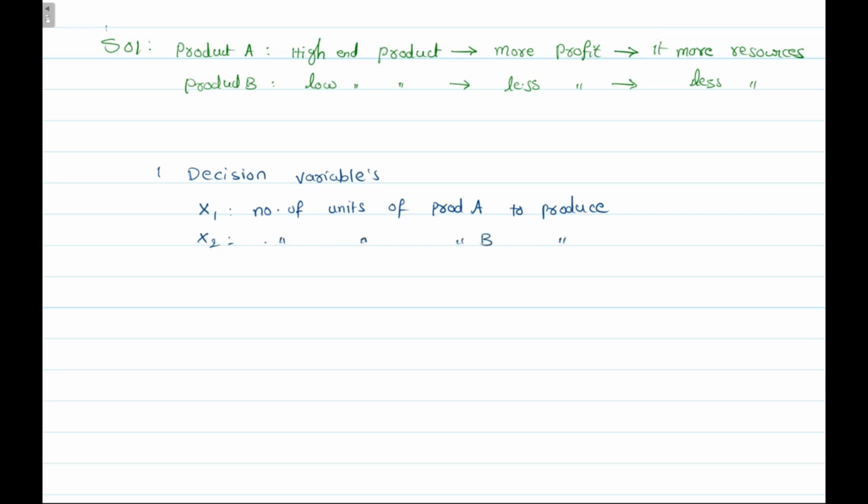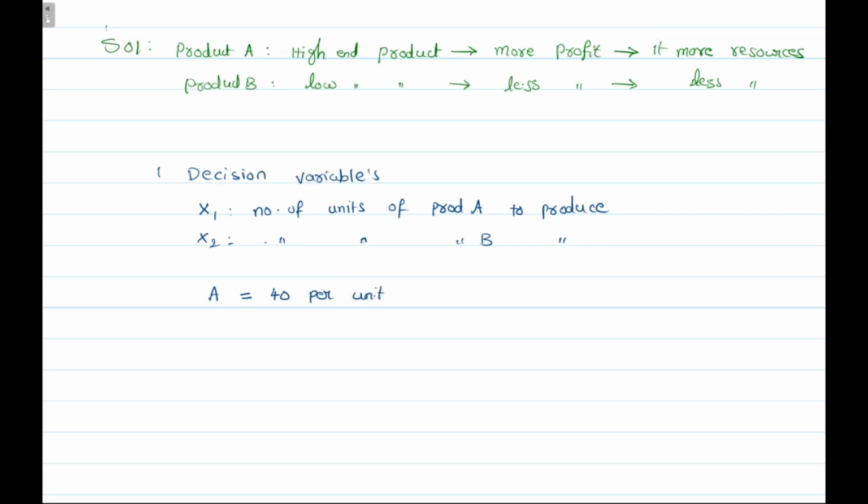And here, what is the profit? For example, if I am producing product A, what profit will be gained by the manager or owner? If I am producing product A, I will get 40 rupees per unit.